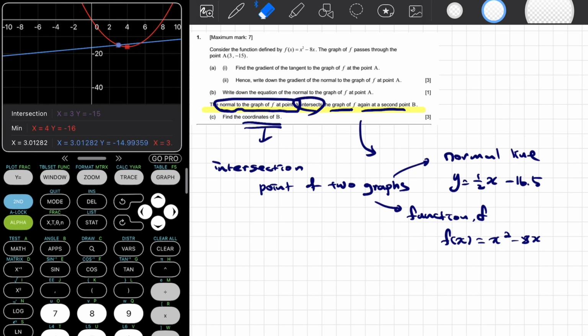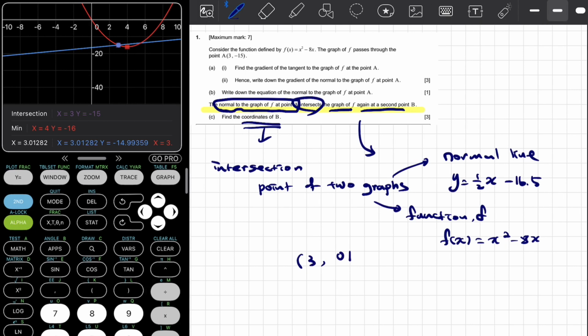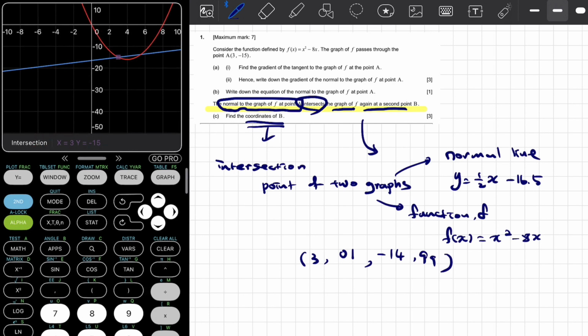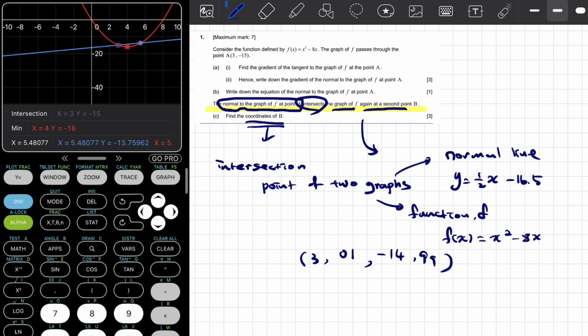So my first intersection point is 0.1 and negative 14.99. My second intersection point is about 5.48, comma negative 13.75. Okay.